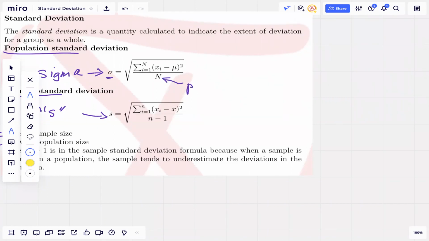Okay, so in the bottom, we have a capital N. So that's a population size. Okay, good. In the numerator, we have these various symbols. So before we get to the ones we don't know, let's look at the ones we do know. So this one right here, the mu, that's the population mean.